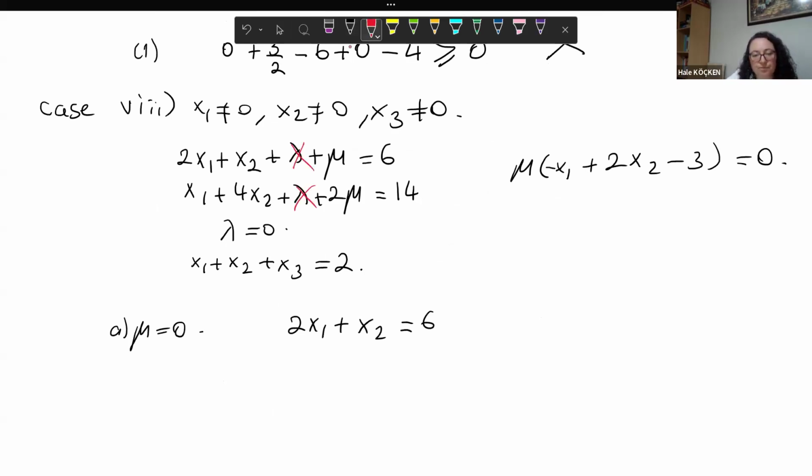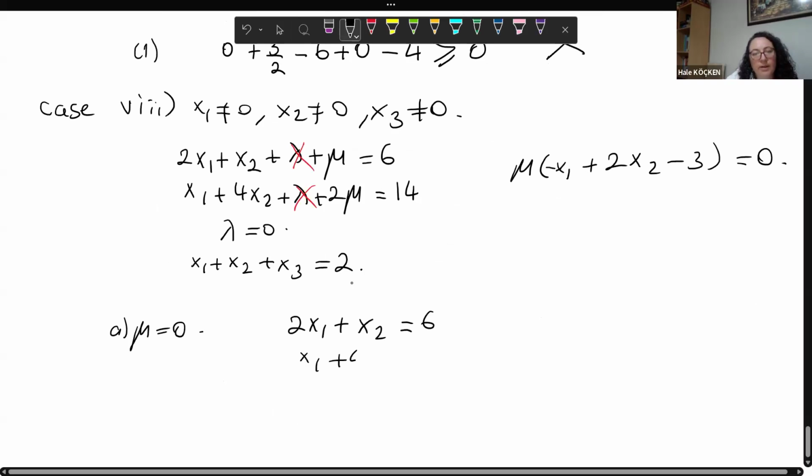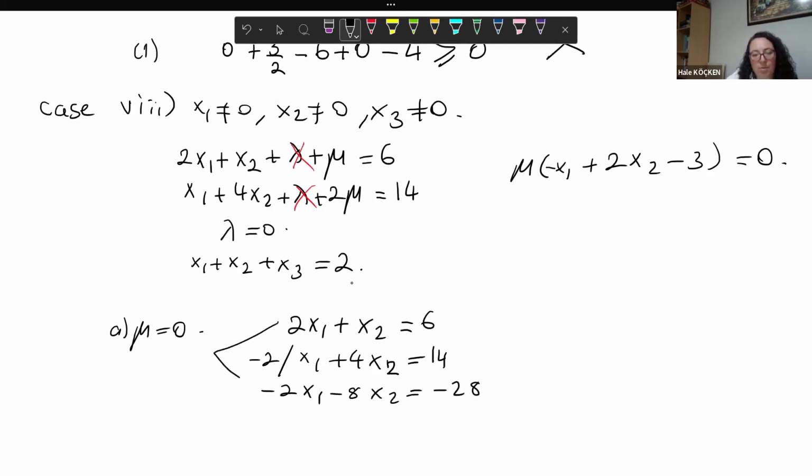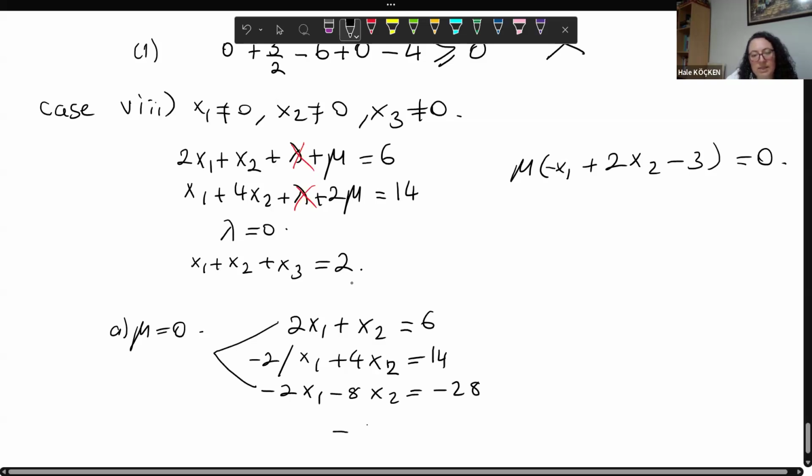These are zeros. And the next one, x1 plus 4x2 is 14. Minus 2 times the second, minus 2x1, minus 8x2 is equal to minus this. I'm adding these two up. Minus 6x2, not 6, 7.